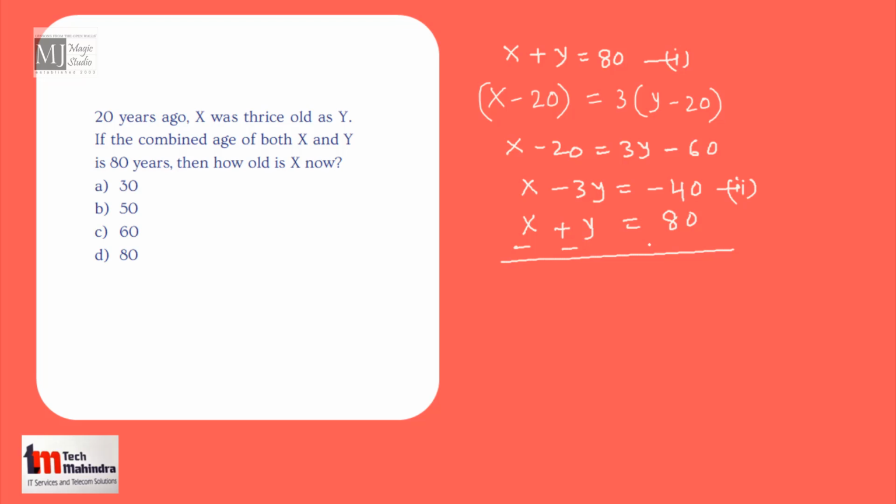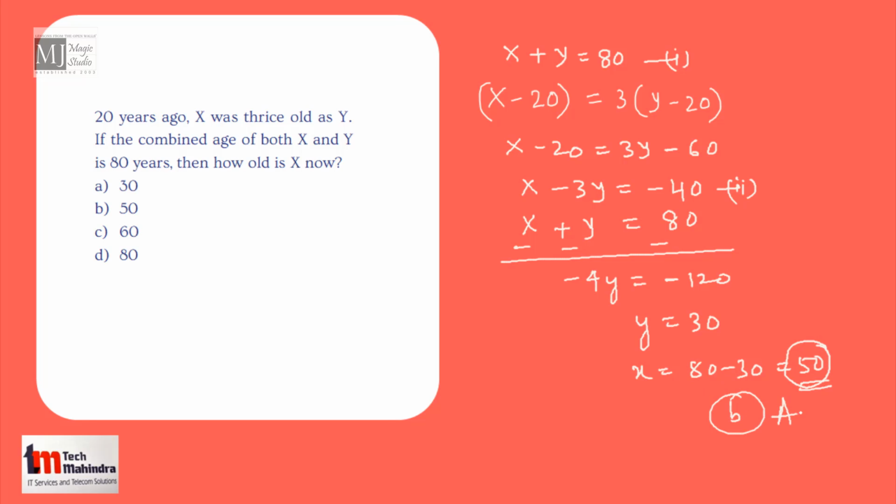If I subtract this, minus 4y will be minus 120. So y would be 30. x is 80 minus 30, that is 50. Then how old is x now? x is 50 years old now. Option B fits in.